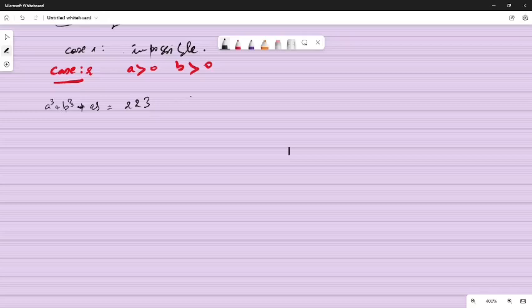So we have b cubed is smaller than a cubed, because we can suppose that a is greater than b, because a and b are coprime.